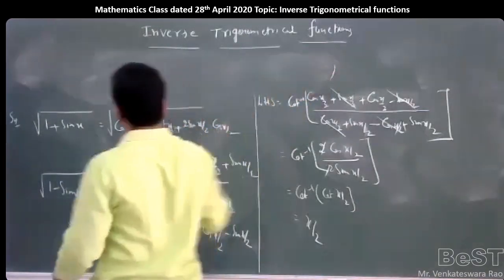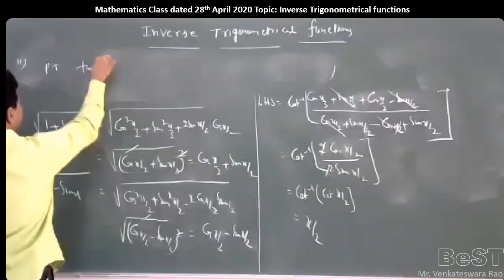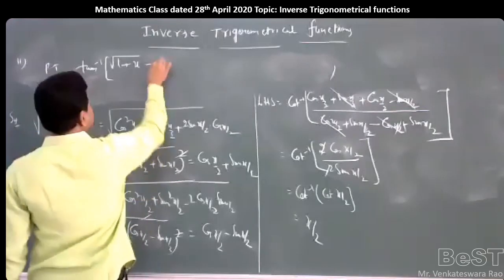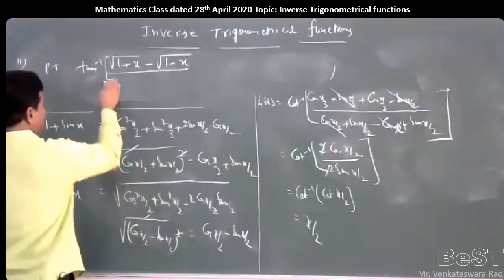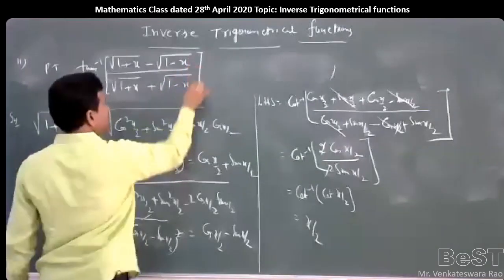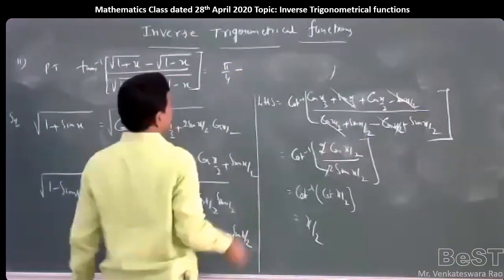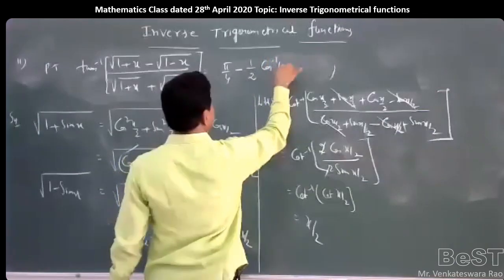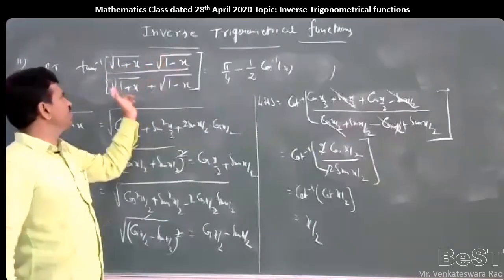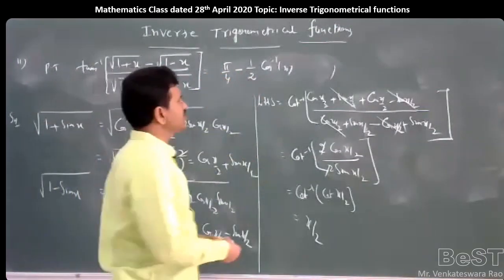Now the 11th problem. Prove that tan inverse of the square root of 1 plus x minus the square root of 1 minus x, by the square root of 1 plus x plus the square root of 1 minus x, is equal to pi by 4 minus 1 by 2 cos inverse of x.